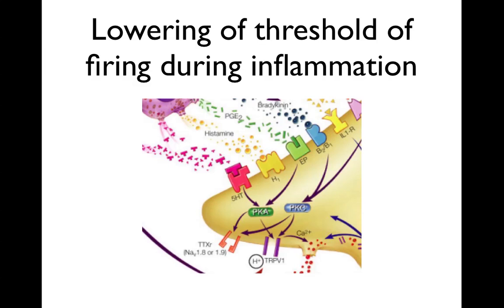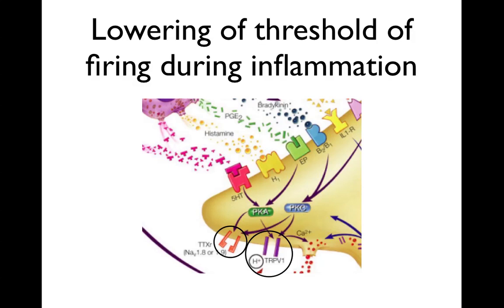And what they do is, when activated, so if we look at prostaglandin here, that activates a specific prostaglandin receptor, the EP receptor, and that will actually release a kinase, a sort of chunk of protein, which will go via a complex cascade of enzymes to eventually alter the protein makeup of the ion channels.